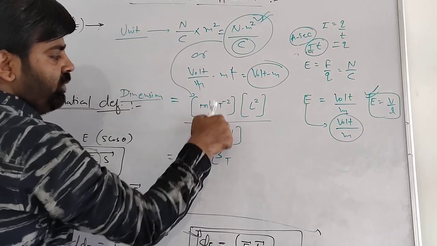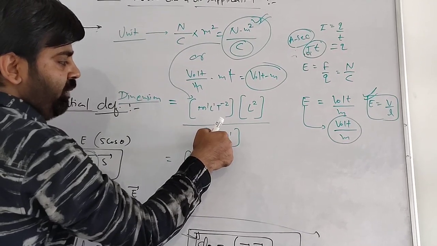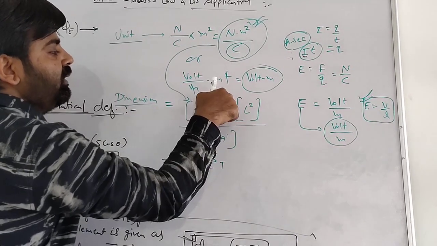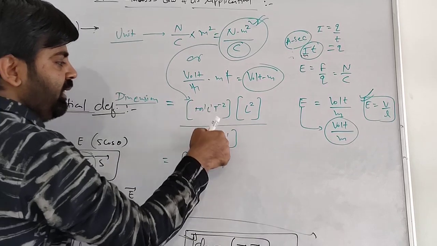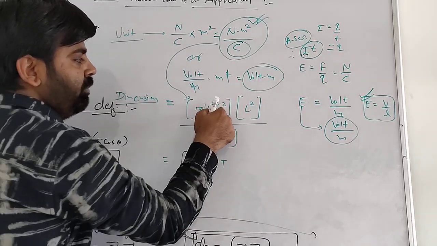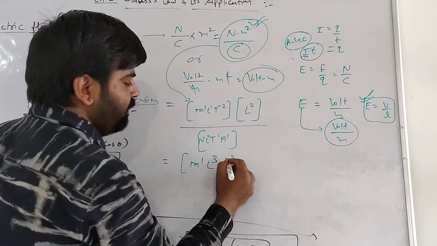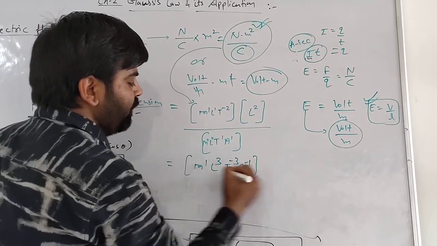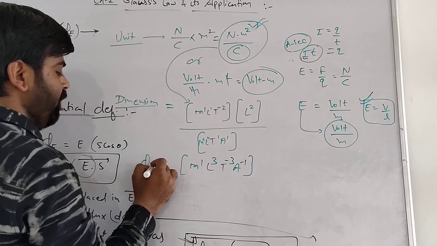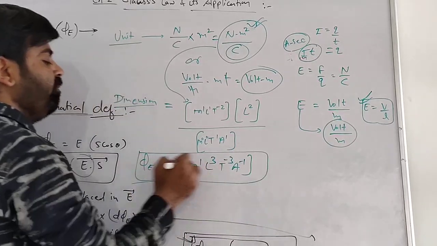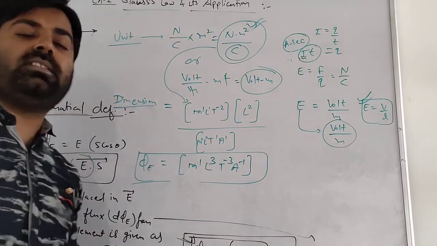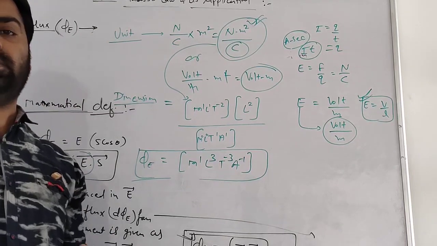After solving this T part in division, it will be subtracted from minus 2. So the power will be minus 2 and minus 1, minus 3, and A minus 1. So the dimension of electric flux is M1 L3 T minus 3 and A minus 1.